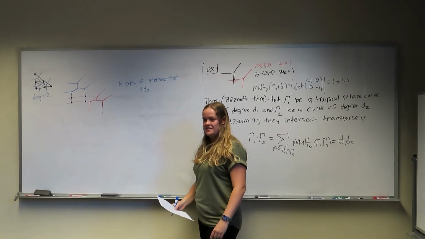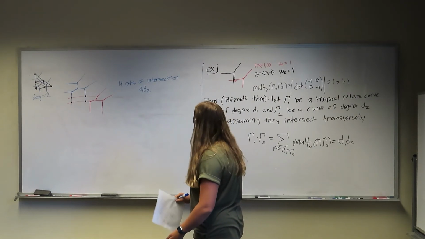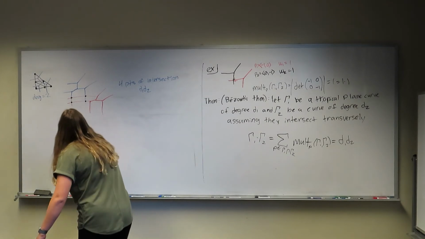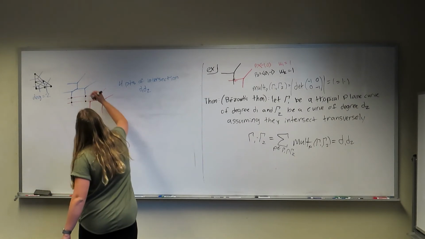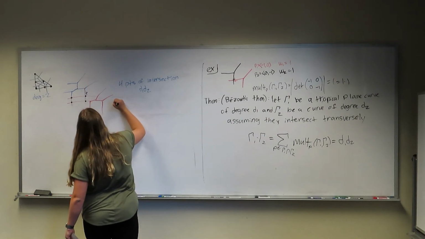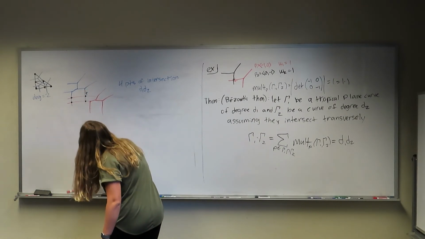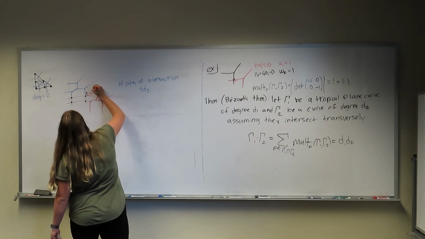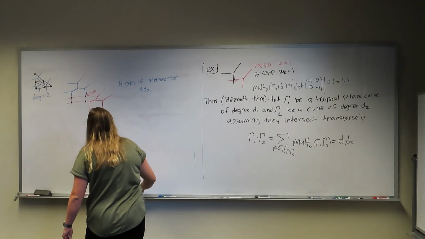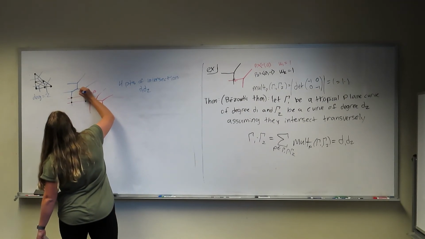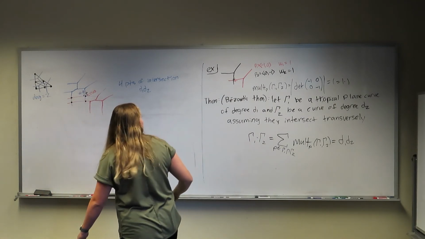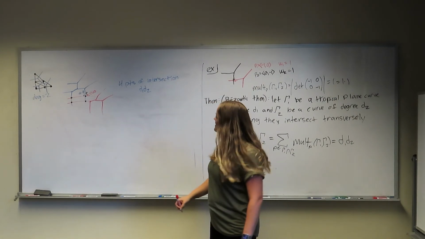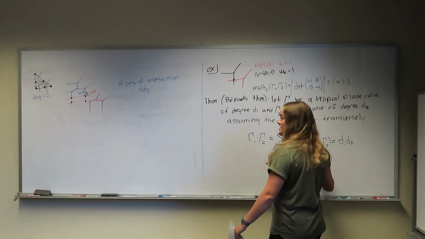We can check that all of these have multiplicity 1, but we're just going to check one of them. So let's pick this point. Then our primitive vector going this way is going to be -1, 0, and the primitive vector going this way is going to be 0, -1. So we have the same, so I'm not going to write it out. But the multiplicity of all these points is 1. So then the sum is also going to equal 4.